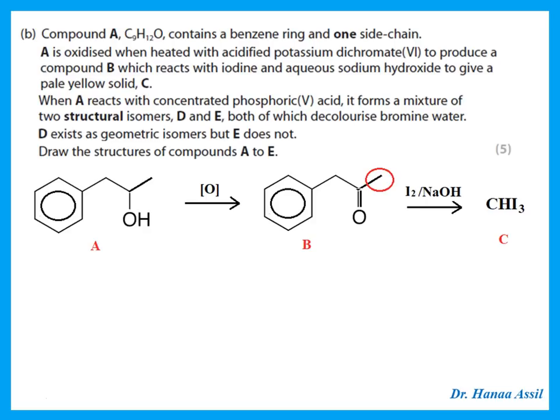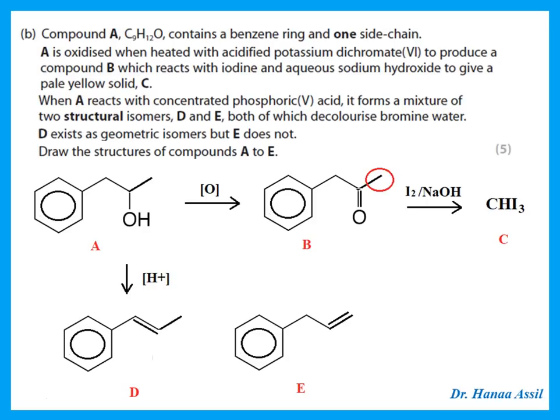Then he says, when A reacts with concentrated phosphoric acid, it forms a mixture of 2 structural isomers that decolorize bromine water. So you should know that concentrated phosphoric acid would remove water and form a double bond. So that is why D and E would decolorize bromine water, and he's telling me that D would have geometric isomers, but E would not.